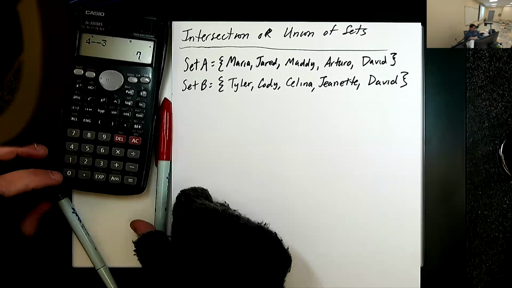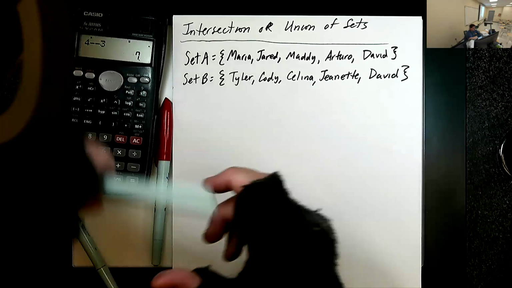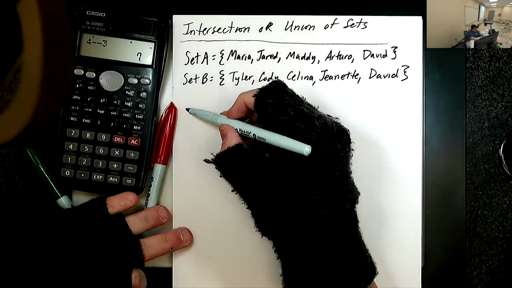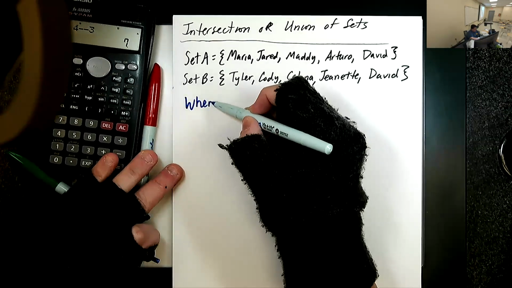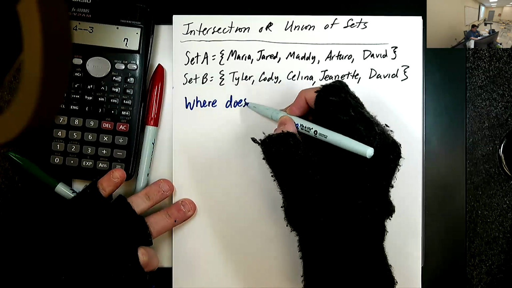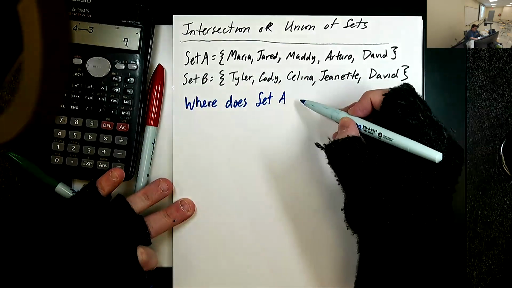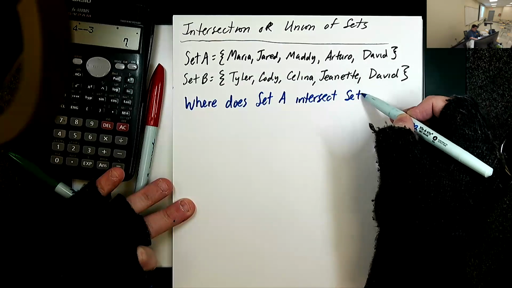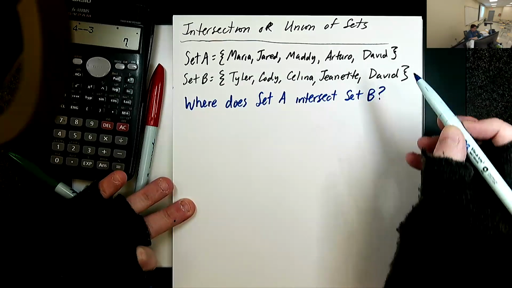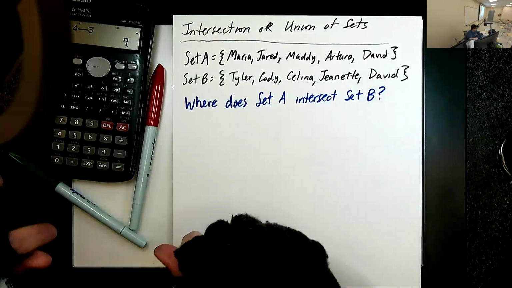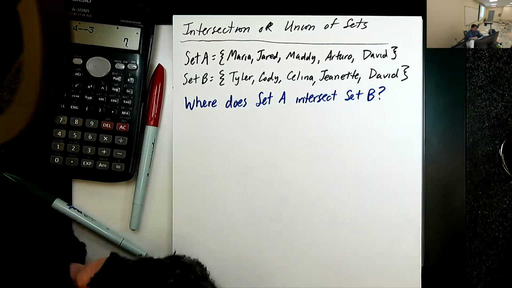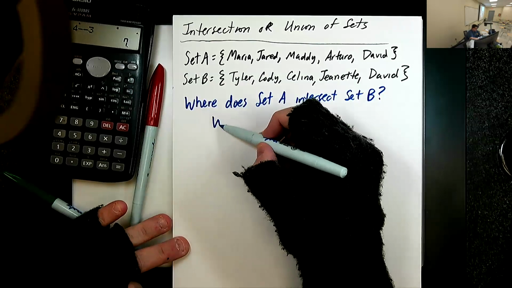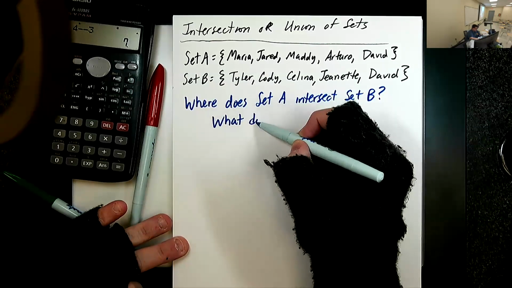So there's 2 ideas here. Let's start with intersection. Where does set A intersect set B? What this really is asking is, what do they have in common?